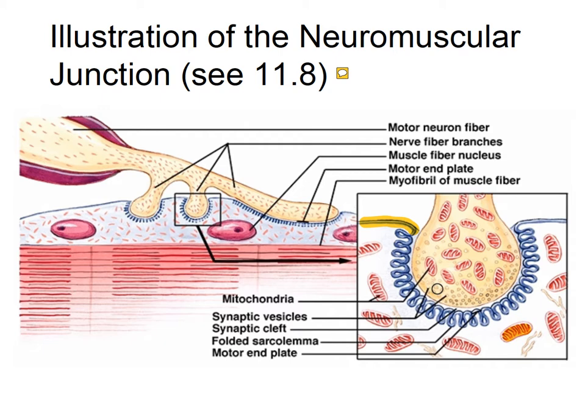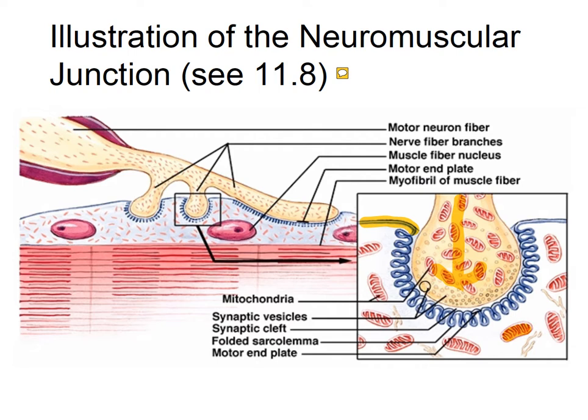So they contain acetylcholine. And when a nerve impulse travels down this nerve, these synaptic vesicles will migrate to the end, the axon of this nerve. And these synaptic vesicles then fuse to the membrane of the end of the nerve and release their contents out into this neuromuscular junction.